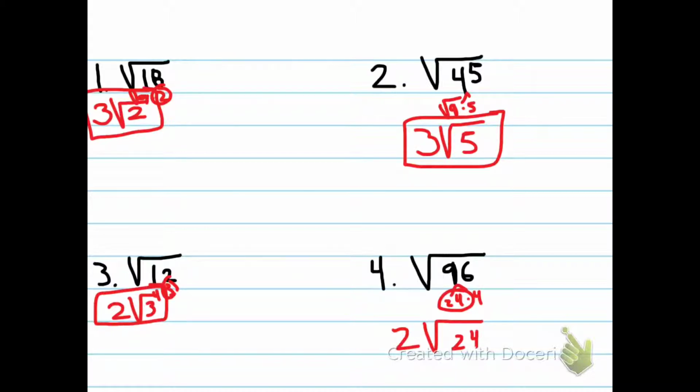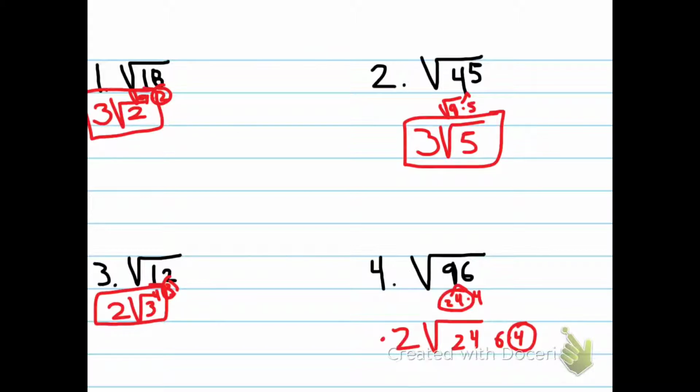Now you're not done, because you could actually factor this again, since there's a perfect square in 24. 6 times 4 equals 24, and the square root of 4 is 2. Now you have to multiply that by whatever is on the outside of the square root.